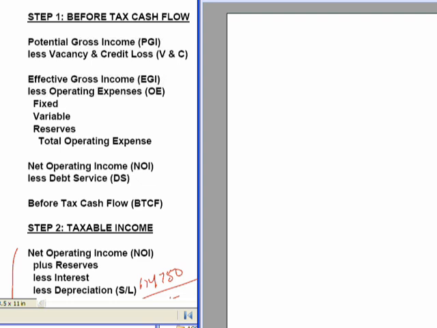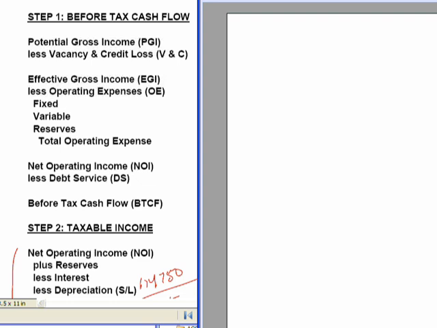It's the potential of the property, but from that, we subtract out the vacancy and credit loss. That gives us EGI, effective gross income, and this might be much closer to rental collections. Less operating expenses. Operating expenses are the expenses to maintain and operate the property on a regular basis.